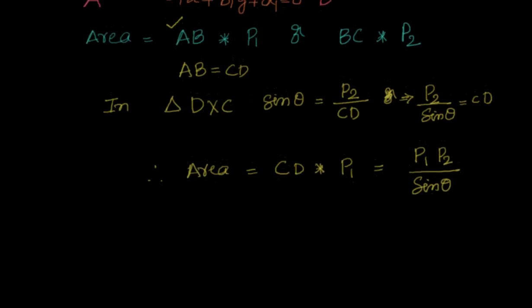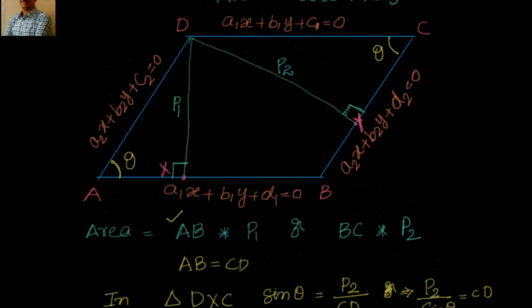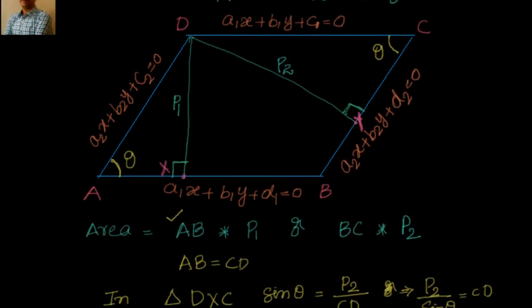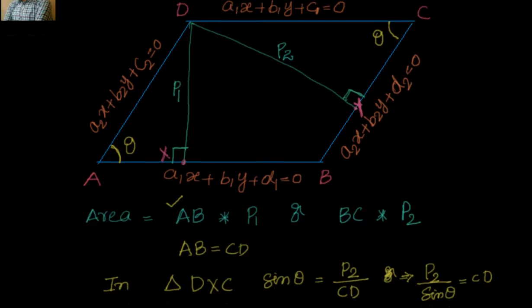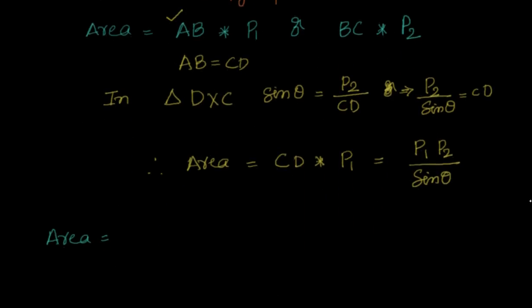Okay, now we understood that area equal to P1, P2 by sine theta. Now let's substitute the formulas one by one. Area equal to P1. P1 is the distance between two parallel lines, A1x plus B1y plus C1 and A1x plus B1y plus D1.